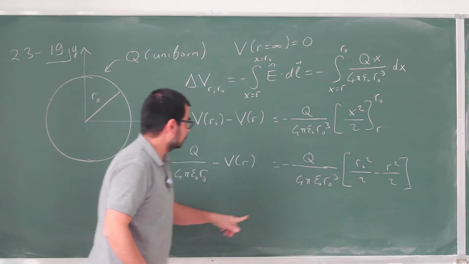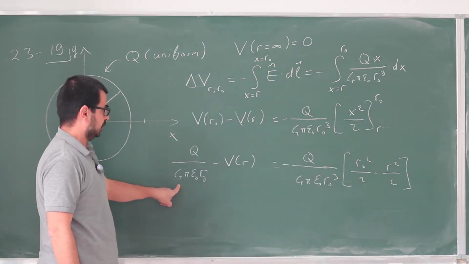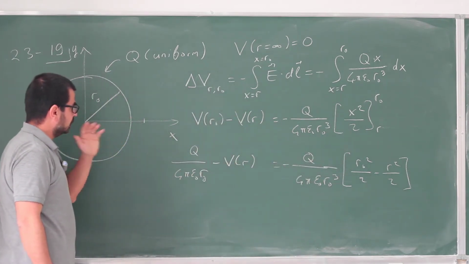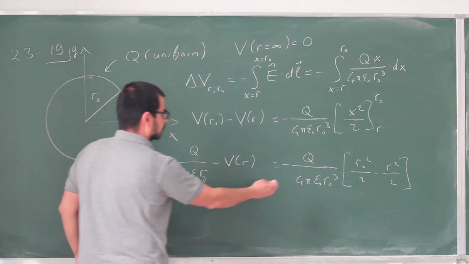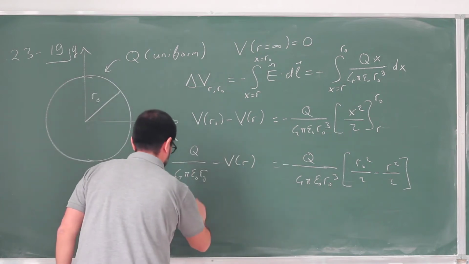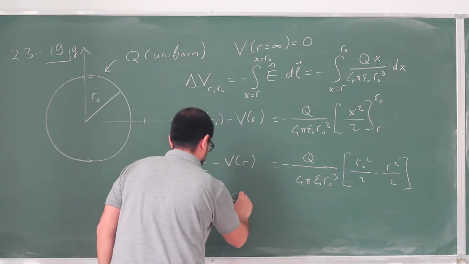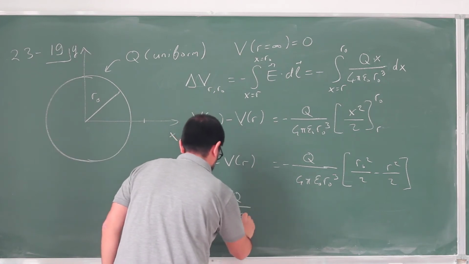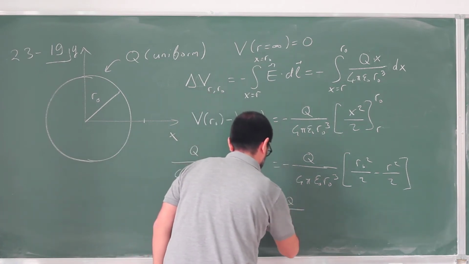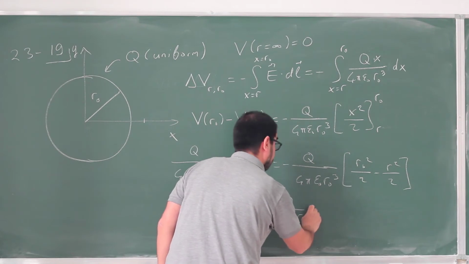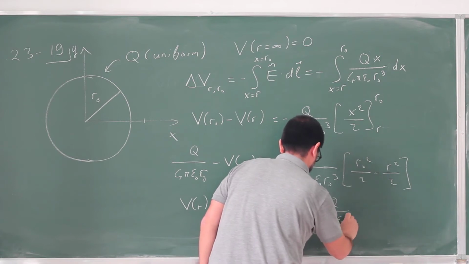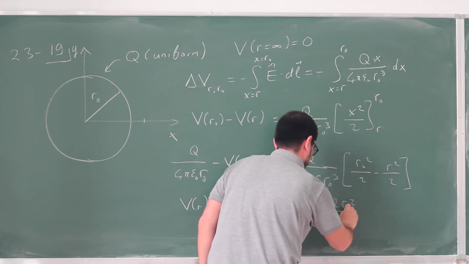So the product of these two is going to give something very similar to this, the half of it actually, Q over 8 pi epsilon naught R0, and this is going to be something funny, so I can move this to the other side, and I can take this to the other side, V of R. So V of R is going to be Q over 4 pi epsilon naught R0 plus Q over 8 pi epsilon naught R0 minus Q over 8 pi epsilon naught R0 cubed times R squared.